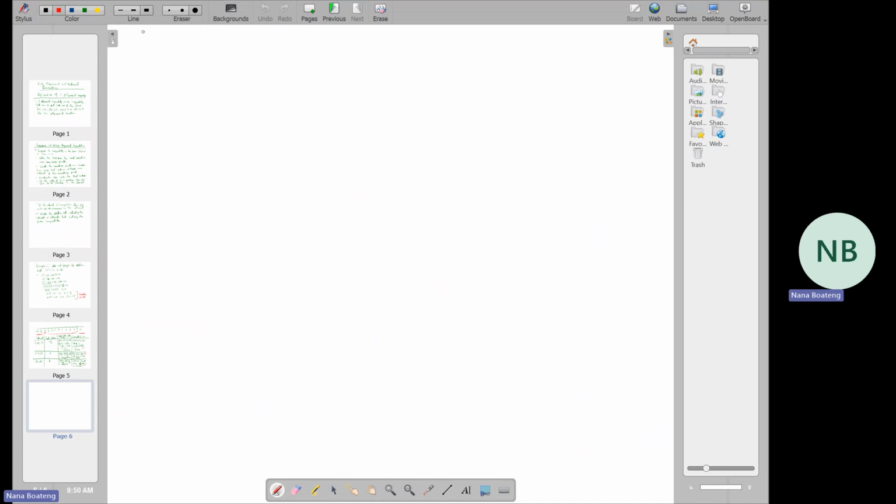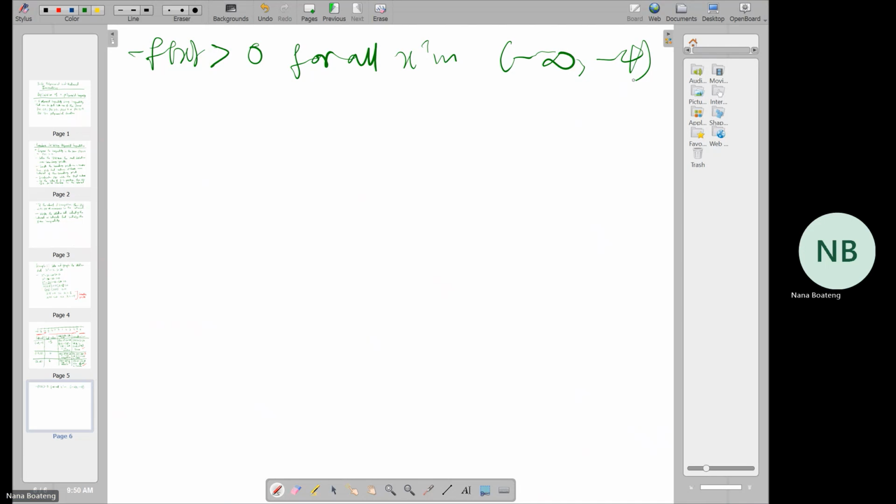So as our solution set, we know that f of x is greater than 0 for all x in minus infinity to -4 and +5 to infinity.